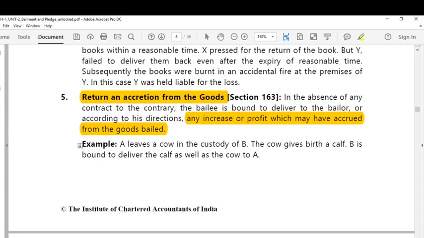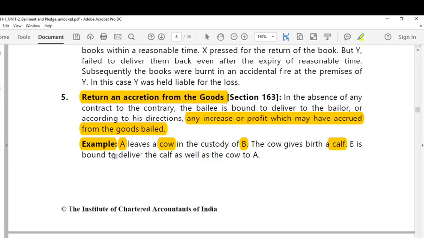One simple example will make you understand this particular duty of the bailee very clearly. It is a very nice example. A leaves a cow in the custody of B. So A is the bailor and B is the bailee. It is a contract of bailment, and during that period the cow gives birth to a calf.